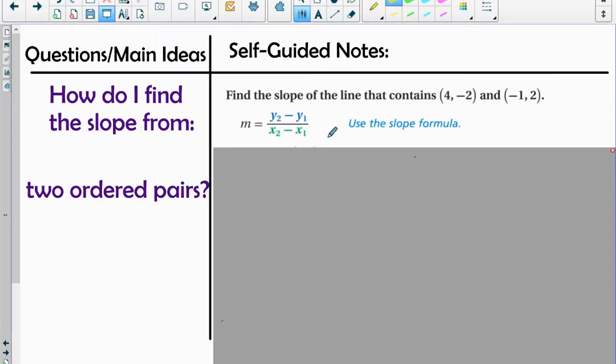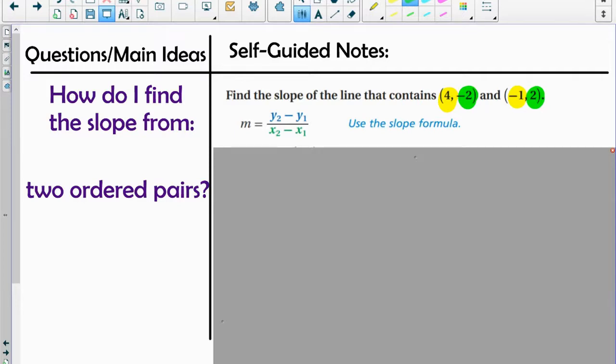And you might be asking yourself, whoa, what in the world are those little ones and twos? Keep in mind that every ordered pair has an x coordinate first and a y coordinate second.